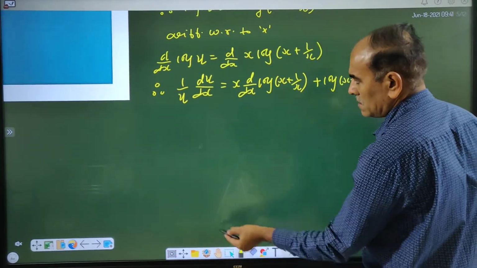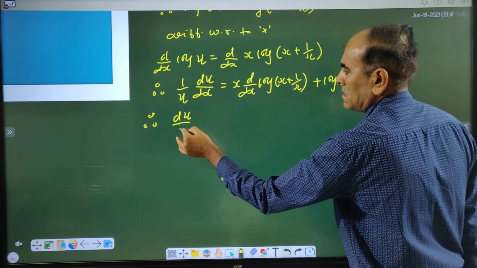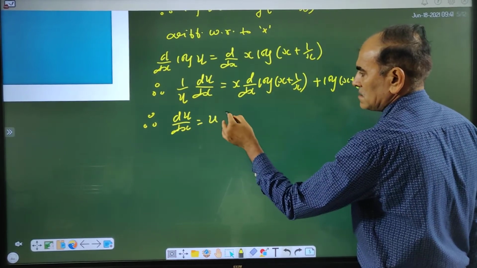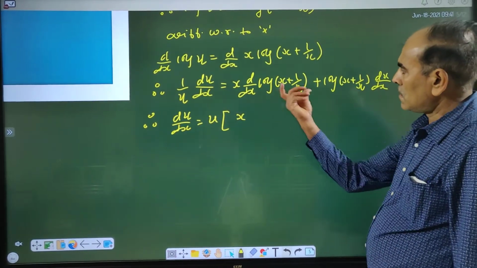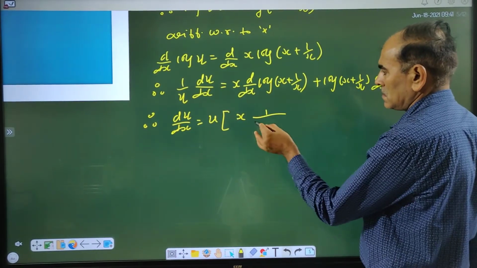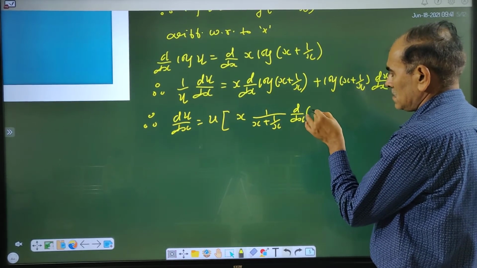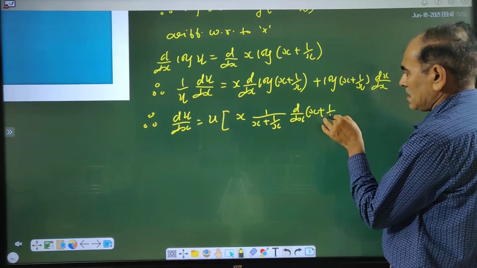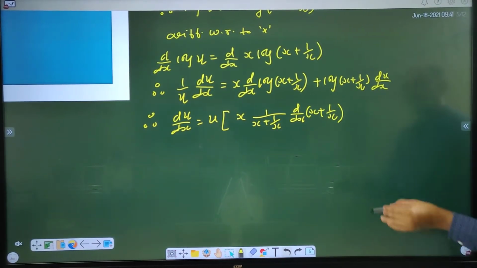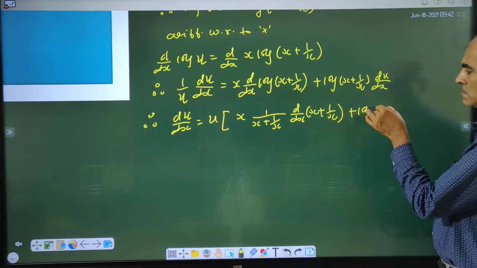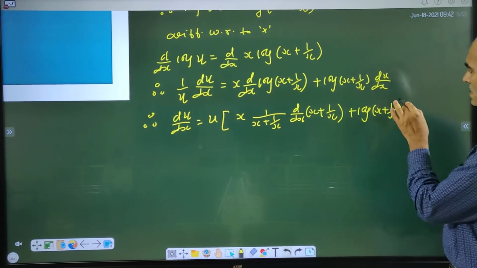Okay. So what we get here? And therefore du by dx is equal to u times x into log of some function, 1 by some function, d by dx of some function, plus log of (x plus 1 by x).